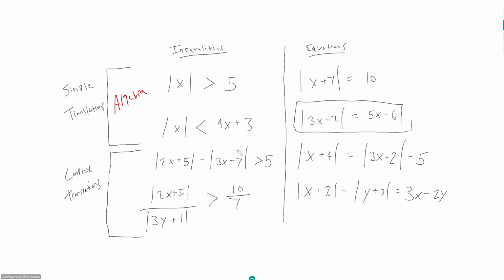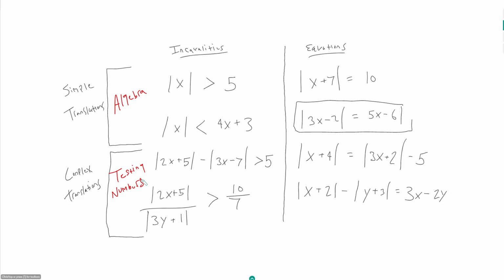Algebra sometimes becomes the longer approach in these cases, and sometimes the more confusing and complicated approach. As these get more complex, I often find myself having to resort to testing numbers, or sometimes a combination of algebra and testing numbers, or sometimes really just sitting there having to think about it a bit in my head.